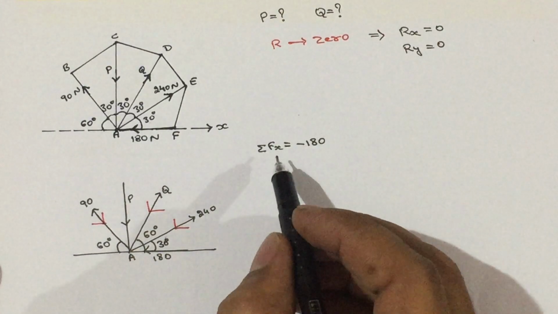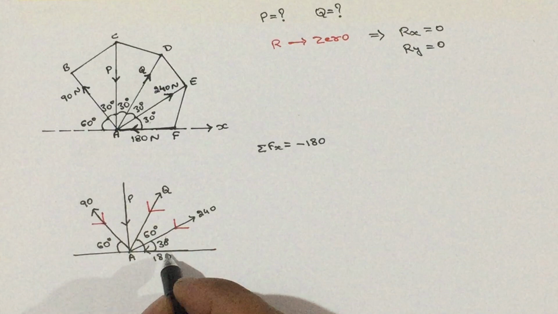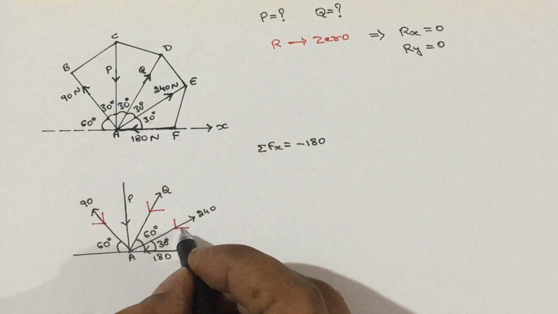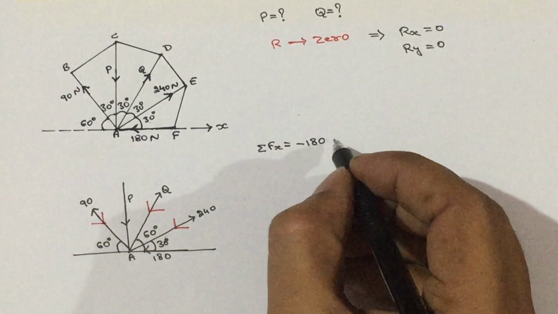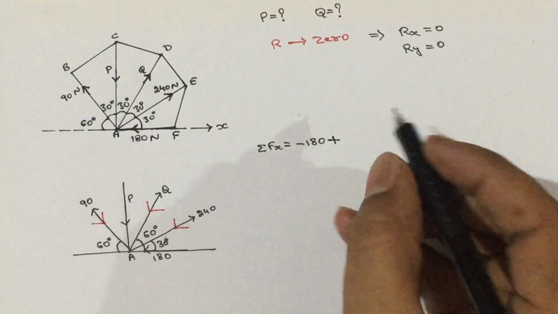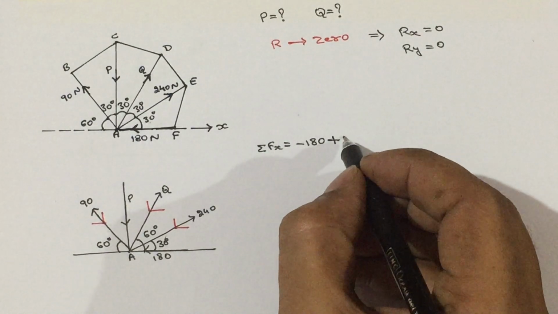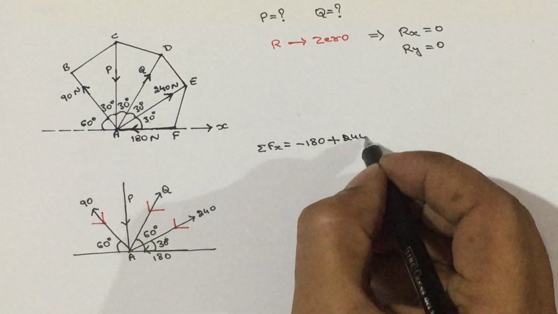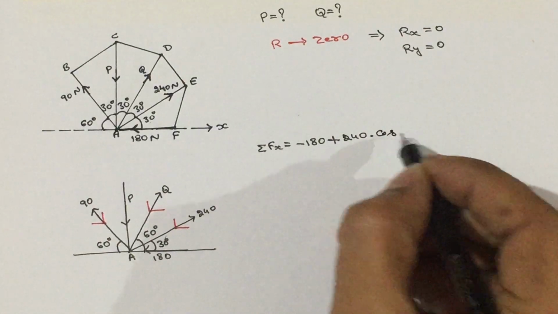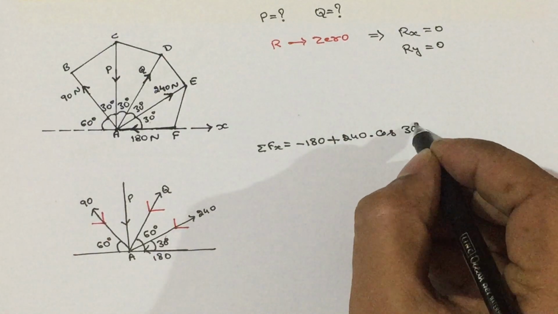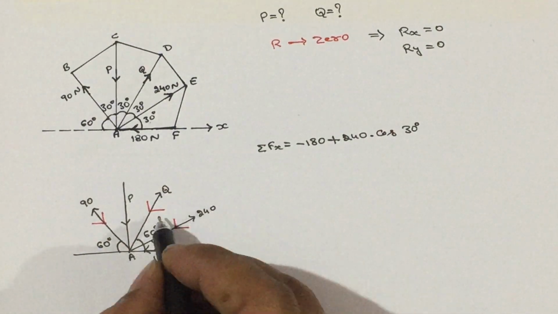Sigma Fx is equal to minus 180, then the horizontal component of 240 is moving rightward, so positive. The component is F cos theta, that is 240 into cos of horizontal angle 30 degree, vertical component leave it.